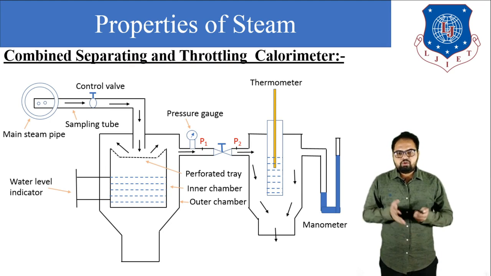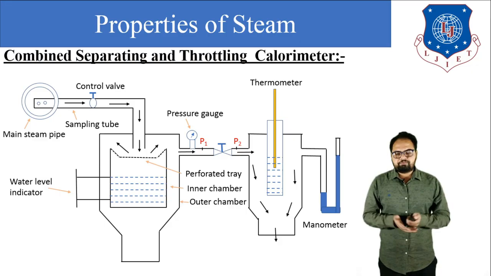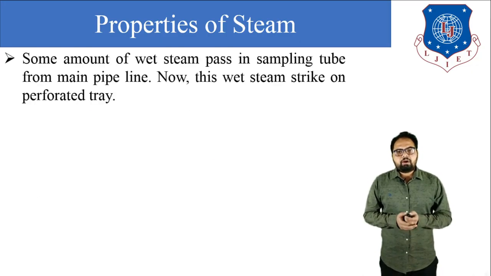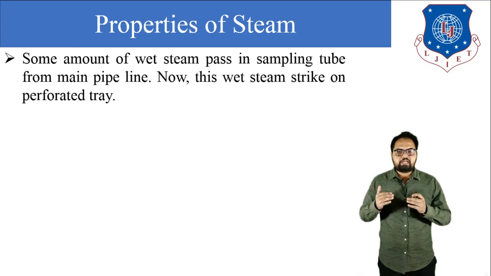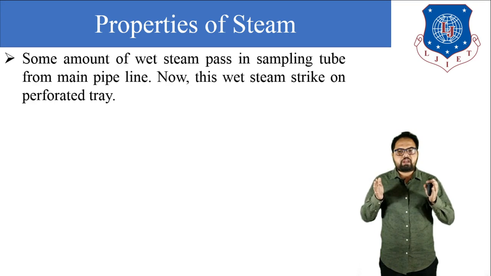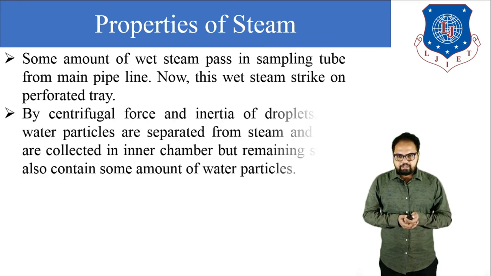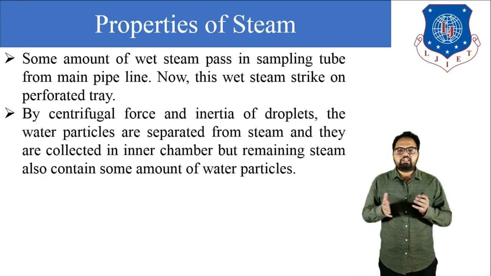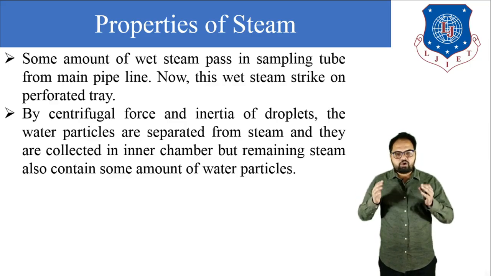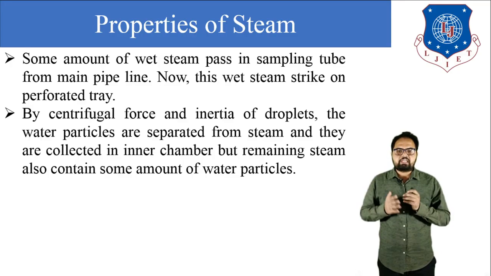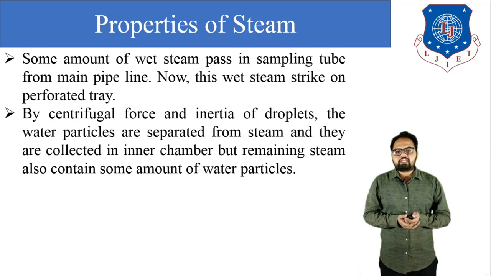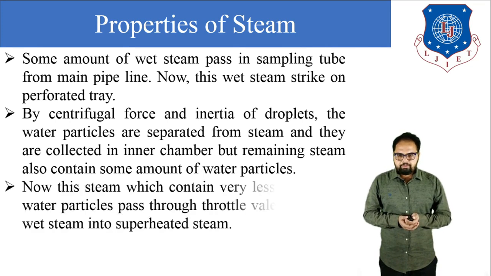So let's see how the calculation is done. First of all, some amount of wet steam will pass inside the steam sample tube from the main pipeline, and this steam strikes the perforated tray. By the centrifugal force and inertia of the droplets, all the water particles are separated and collected inside the inner chamber, and the dry particles will enter inside the throttling calorimeter.